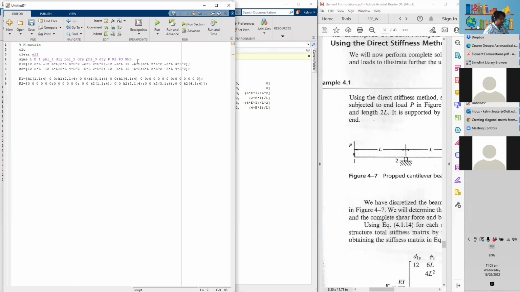All right, so I'll just copy and paste. This here is the matrix for K1, and this is the matrix for the other element, K2. So this was a separate method for assembling the K matrix, before we just typed in the whole global K matrix. But if you want to build the K matrix, this is one way we could build it.